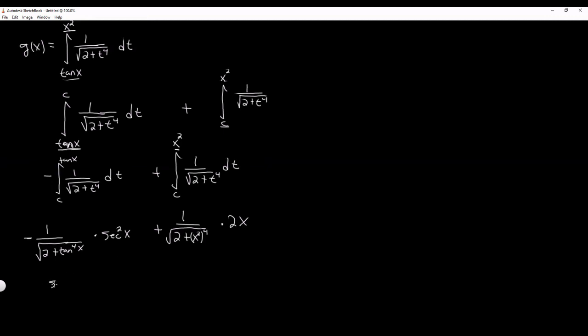So this would be negative secant squared x divided by the square root of 2 plus tangent to the fourth power x plus 2x divided by the square root of 2 plus, and then 2 times 4 is 8, so 2 plus x to the 8th. And that is the answer to this problem.